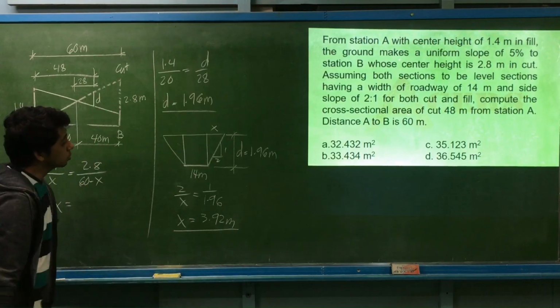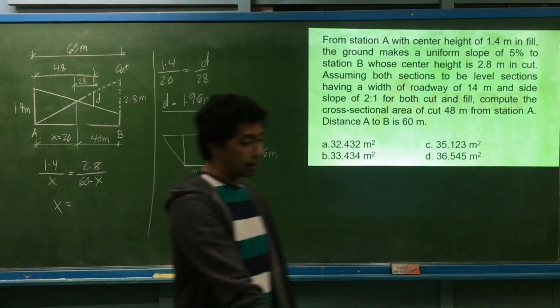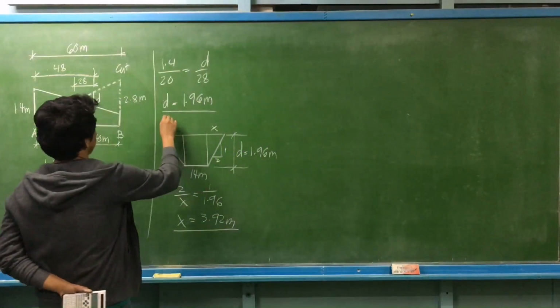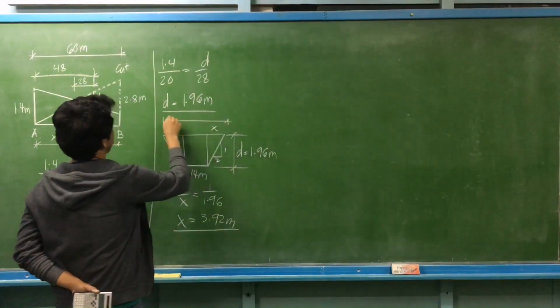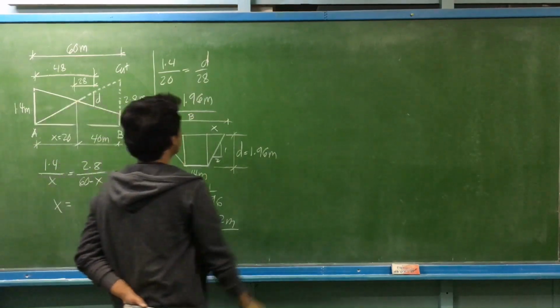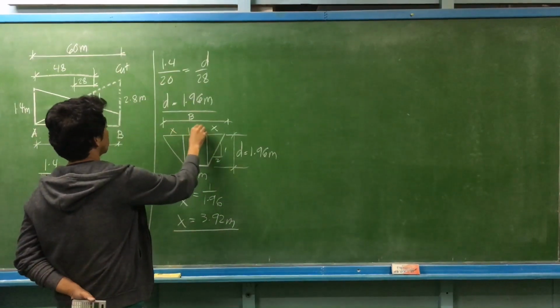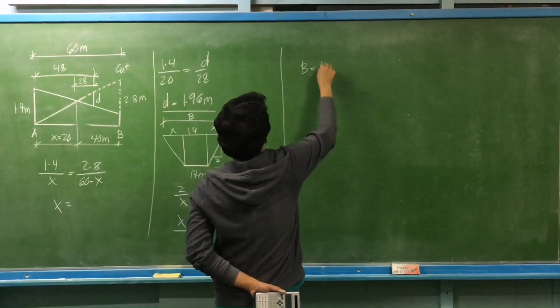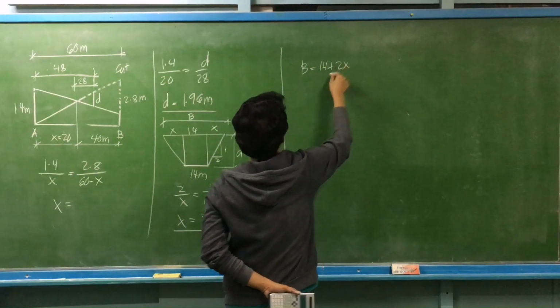So what will be the dimension of the top base? If this is the top base, then our top base will be equal to 14 plus twice x.